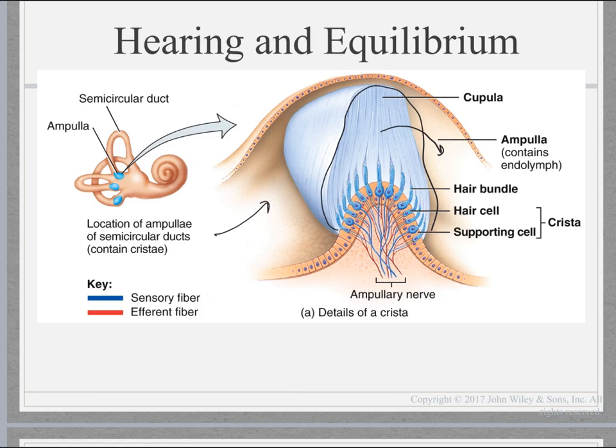Now, we talk about how vision and hearing are intimately connected. Your eyes are going to account for that rotational movement. This involuntary eye movement is called nystagmus. So if I were to take you, spin you around in a chair and had you tilt your head to the right, we're going to push this mushroom to the right. Your eyes are going to try to keep you static by bouncing to the left.